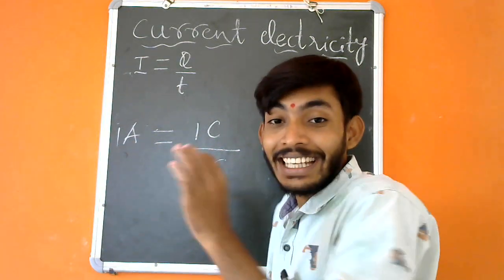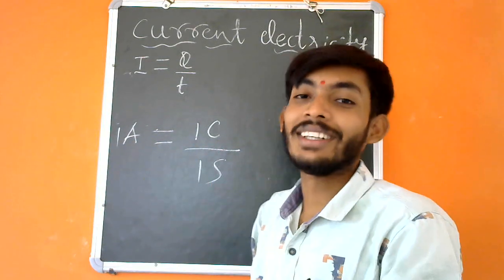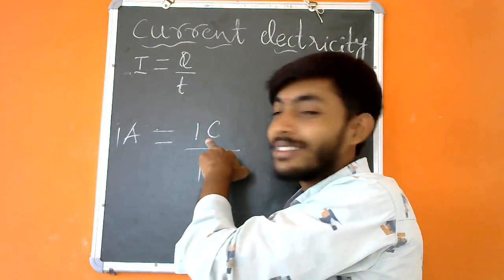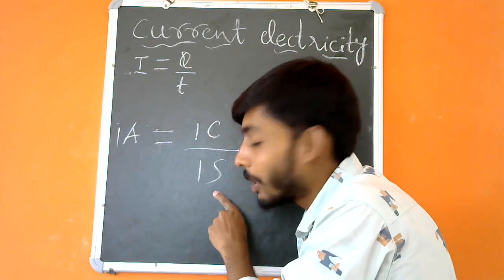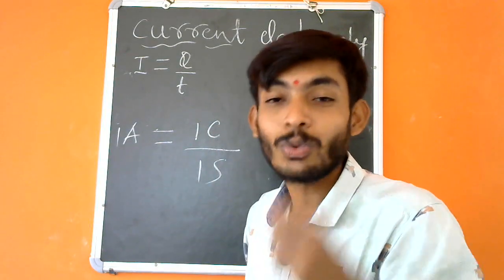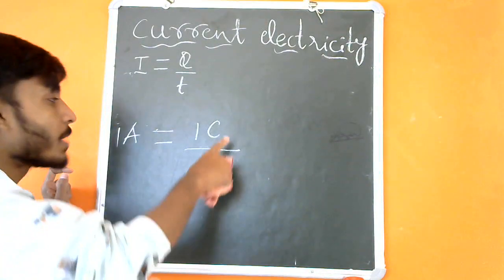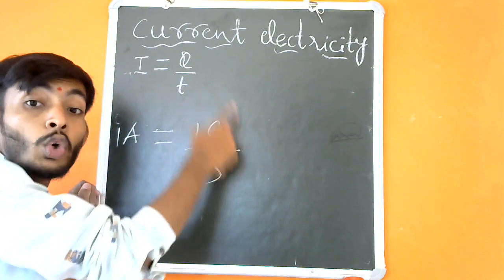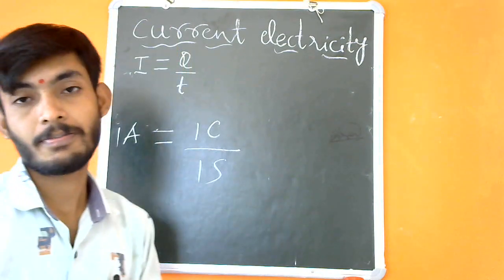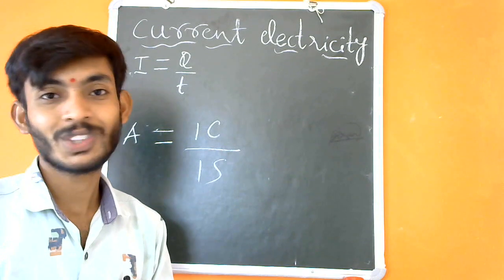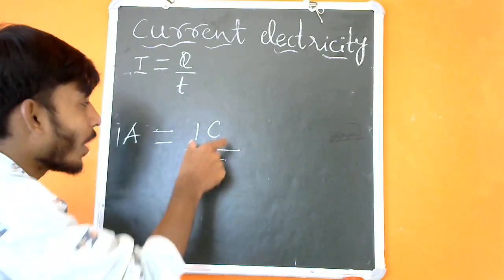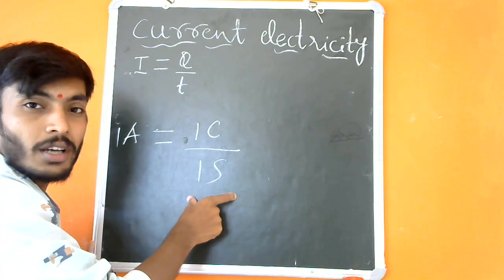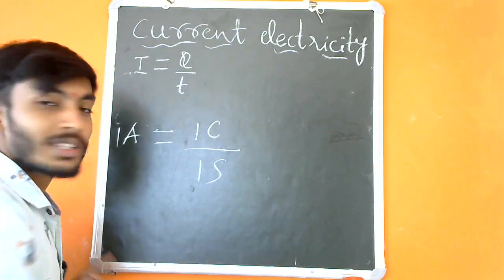The current is 1 ampere when the rate of flow of charge is 1 coulomb per second, means in 1 second there must be a flow of 1 coulomb of charge.